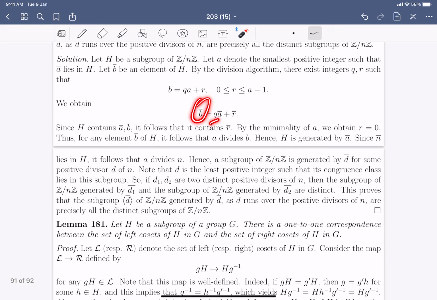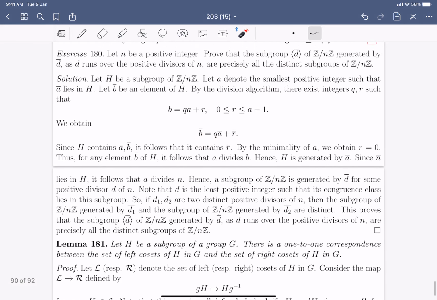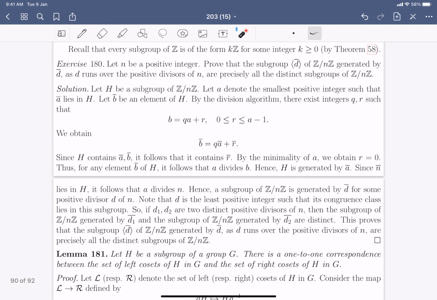So we have b bar equal to qa bar plus r bar, and you know that a bar is an element of H, and b bar is also an element of H. So b bar minus qa bar is an element of H too. So you end up getting that r bar is an element of H, and r satisfies this inequality. On the other hand, a is the smallest positive integer such that a bar is contained inside H. So it follows that r has to be equal to 0.